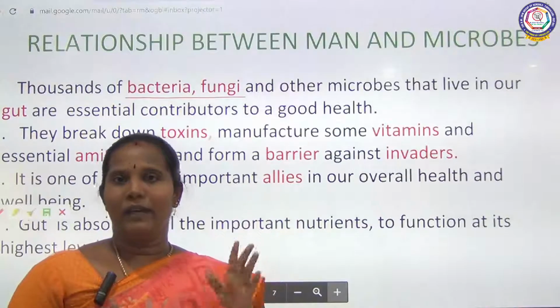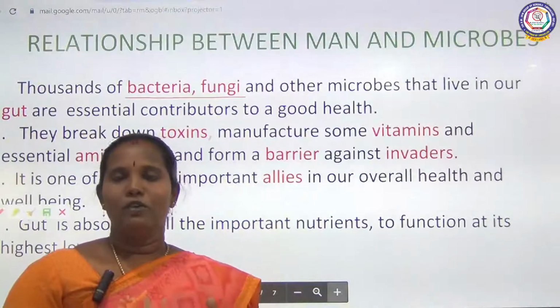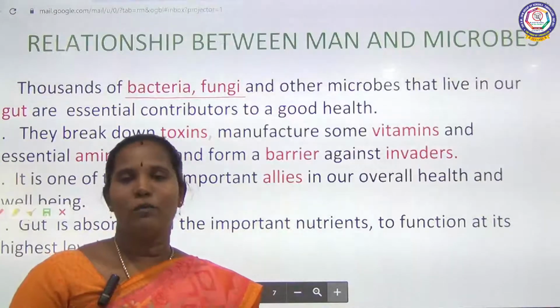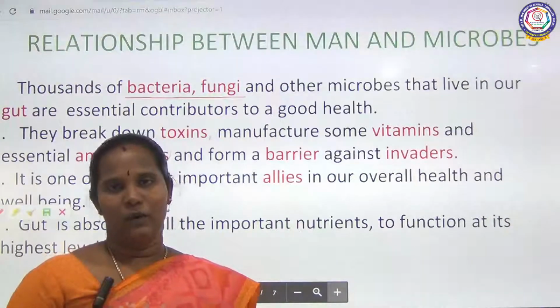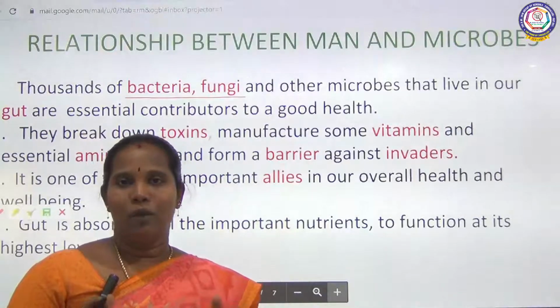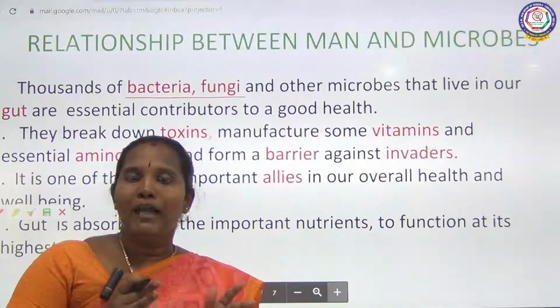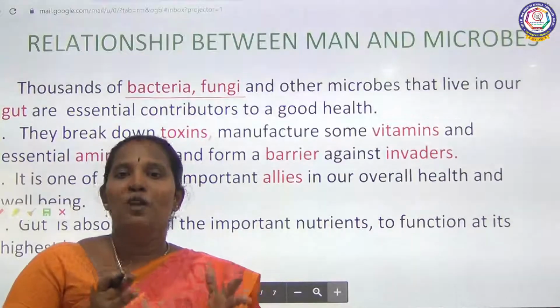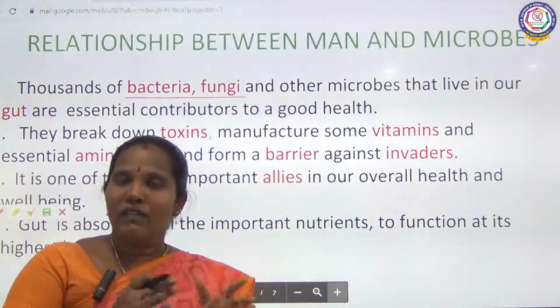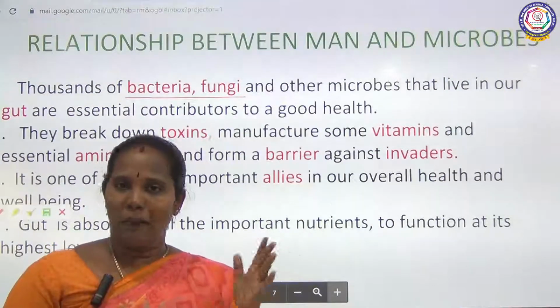And our dandruff is one of the fungi. So many microbes are present inside our body as well as outside. Many microbes give useful effects in our body. If microbes give harmful effects, that is called a pathogen.